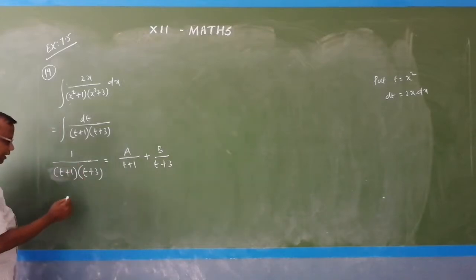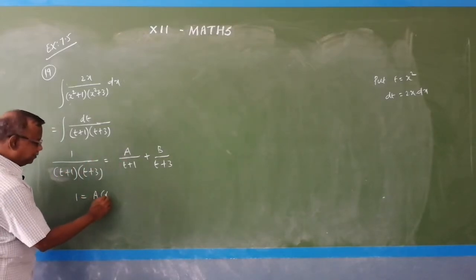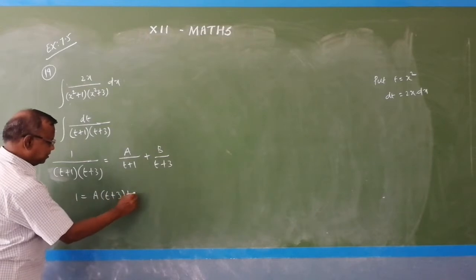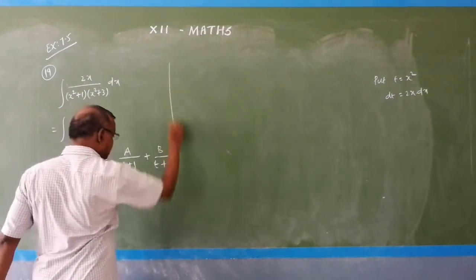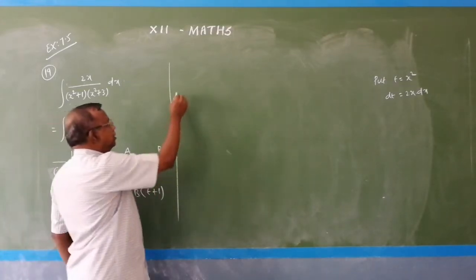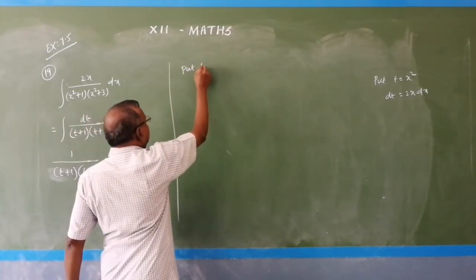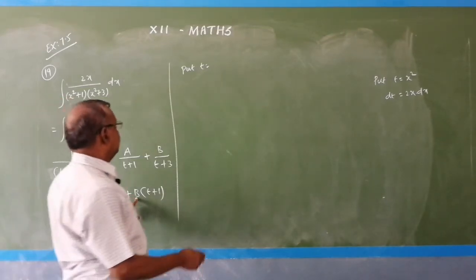So, equating the numerator on either side, we have 1 equal to a into (t plus 3) plus b into (t plus 1). Here put t equal to, let us eliminate b first. So t equal to minus 1.